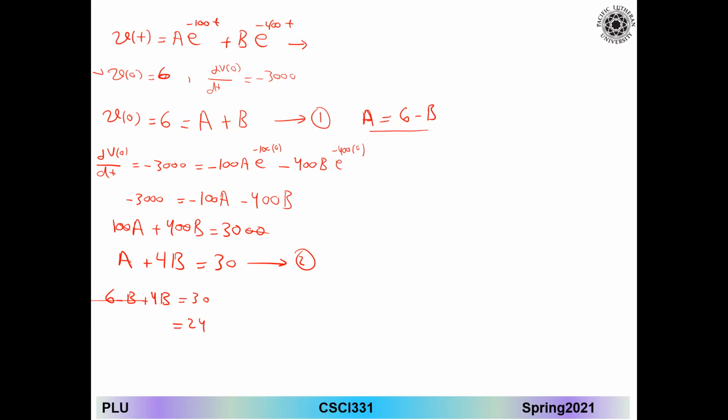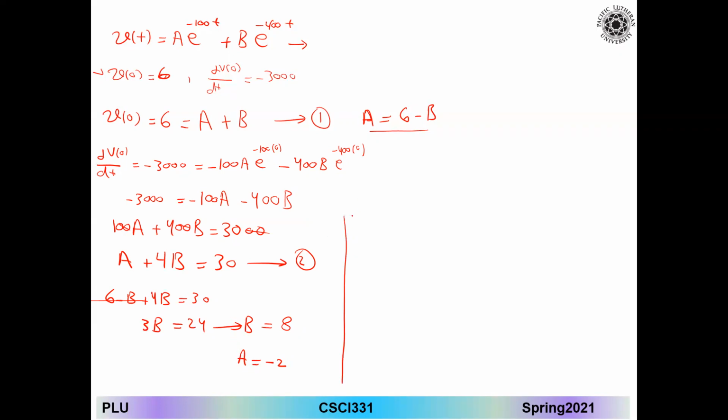And minus b plus 4b will be 3b. So from here, b will be 8. Go back to this one, b is 8, and a should be minus 2. Confirm the numbers, guys, if I made a mistake.